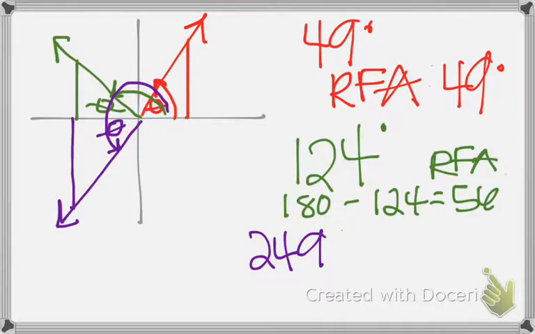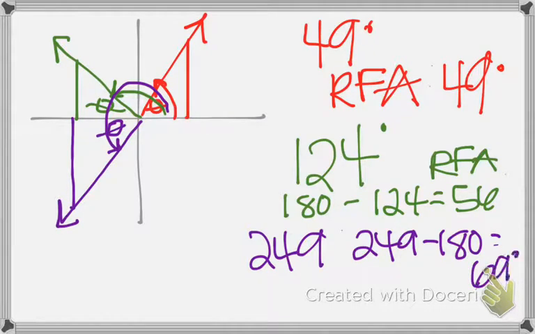Now, I told you guys to go to the next one and then subtract from there. Don't do that. So we're going to do 249, and we're always going to use 180 and 360. So 249 minus 180, which is 69 degrees. So my reference angle right here is 69 degrees.